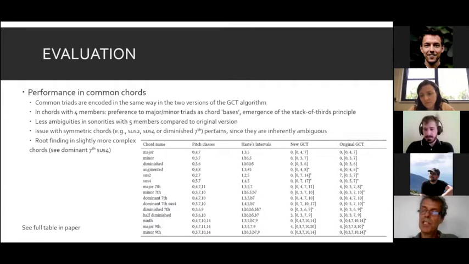The example Jason mentioned, if you use stack of thirds, then of course at the bottom you will get the augmented triad because you just stack thirds. But if you have GCT, then the perfect fifth is not there, so it will not like it very much. It might prefer a different ordering of the pitches.